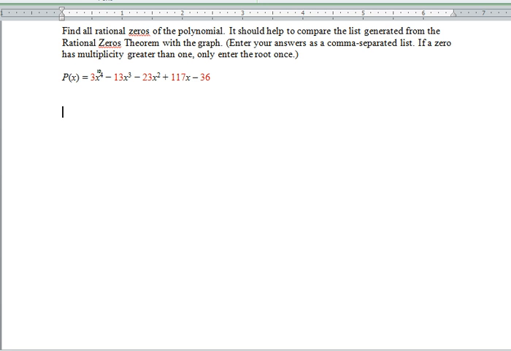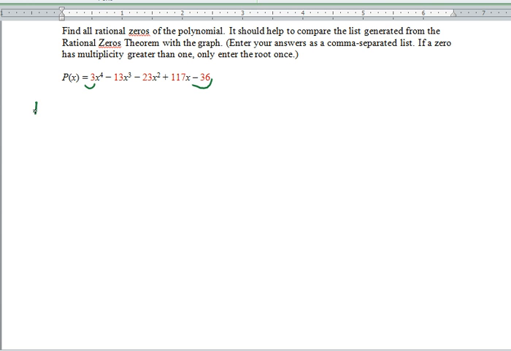From the rational zeros theorem, we know that the candidates for the zeros will all have numerators that are divisors of negative 36, the constant term, and denominators that are divisors of 3, which is the leading coefficient.